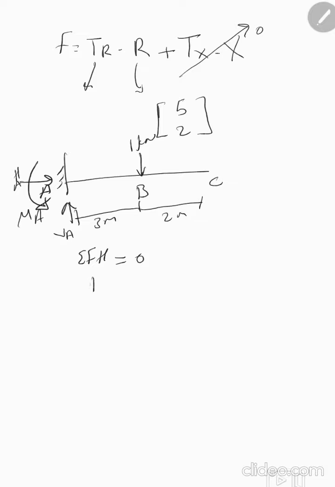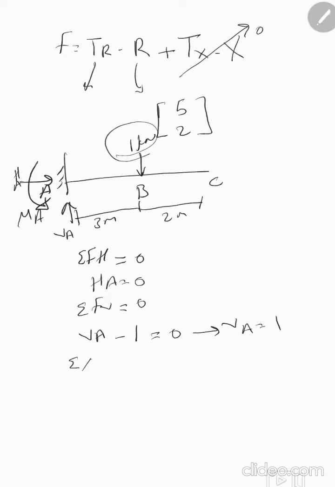So HA equals 0. Then summation of FV equals 0: VA minus 1, this is the force, equals 0, so VA equals 1.